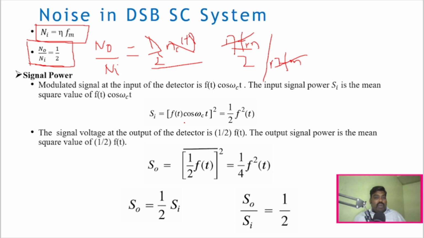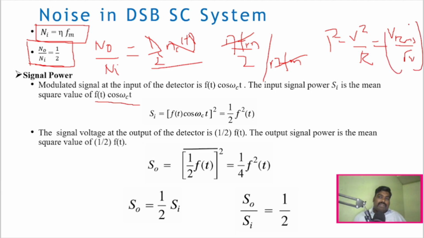We know how to represent the DSB-SC signal. The DSB-SC signal is represented as f of t cos omega ct. How will you calculate the signal power? We know that power is equal to V square by R, and this is related to the RMS value, which is V RMS divided by root 2, whole square.